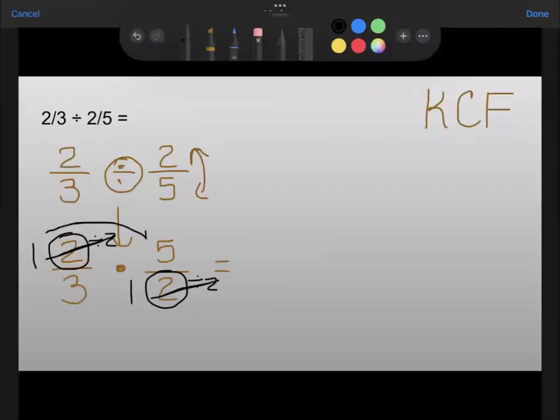Then I'm going to multiply 1 times 5, which is 5, and 3 times 1, which is 3. So if I simplify before I multiply, then this is what I would get. Then I could change it into 1 and 2/3. So even though we took 2 different approaches, we ended up with the same answer of 1 and 2/3.